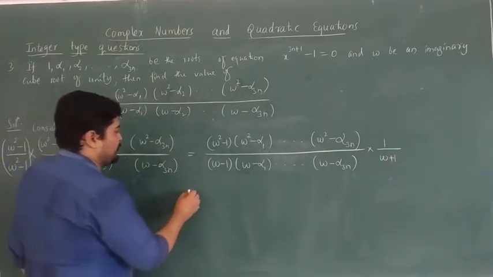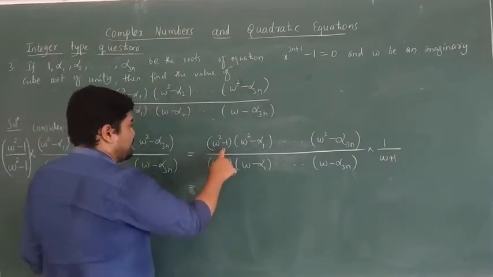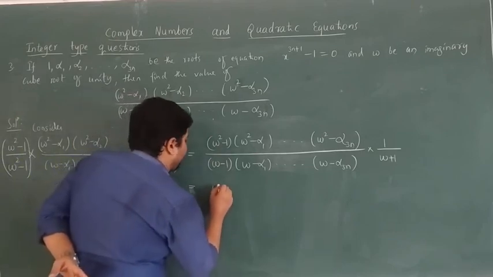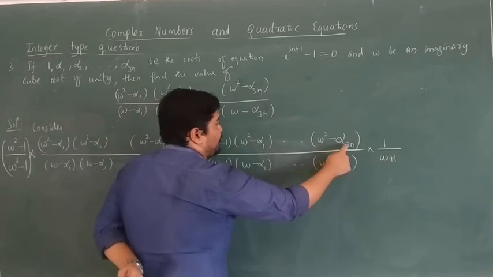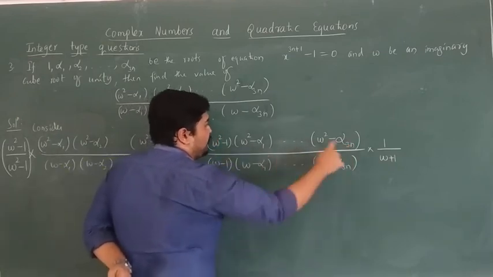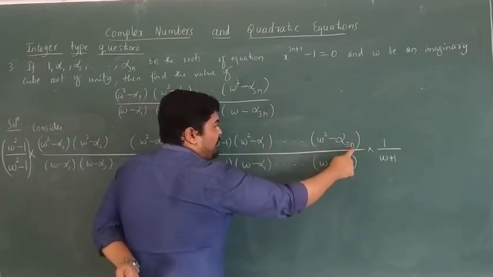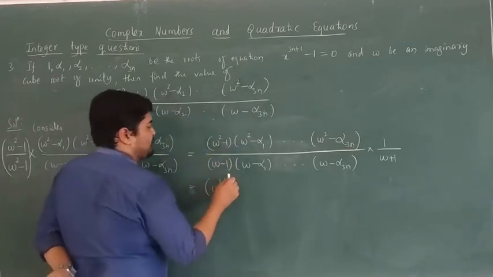Now, this expression can be written as ω² to the power 3n. How many times have I added alpha here? Alpha from here to here were present 3n times, isn't it? One more term is added over here.